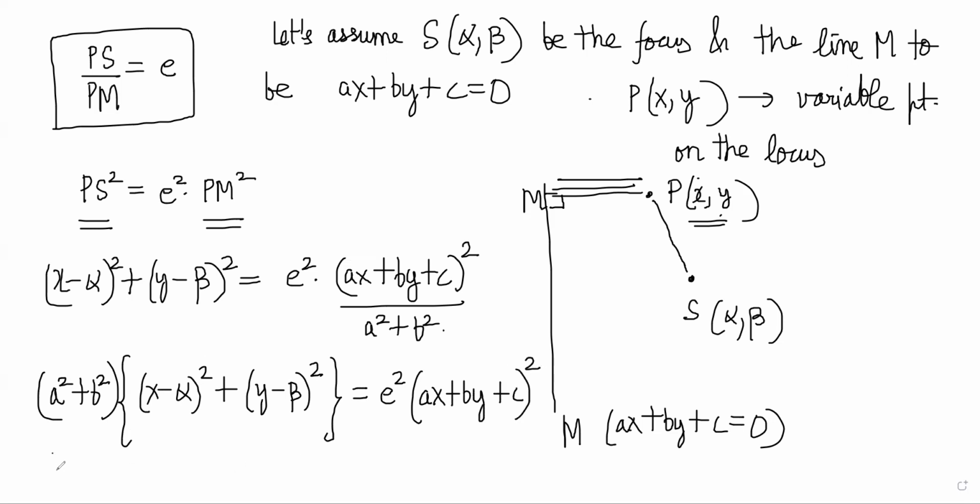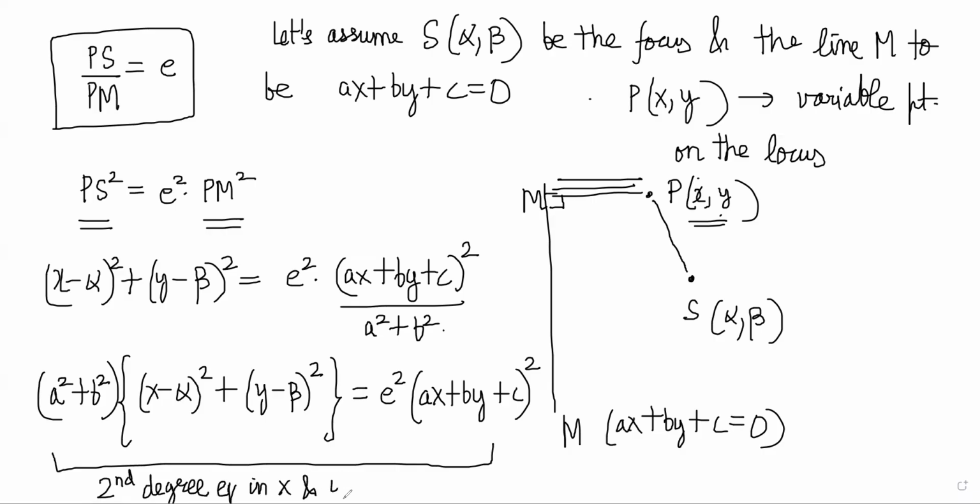So you can imagine this and realize that this will be a second degree equation in both the variables X and Y, right? Notice that you will get X square, Y square terms from both sides. You will also get a 2XY term from here. You will get 2X, 2Y terms from both sides, and you will get constant terms, right?